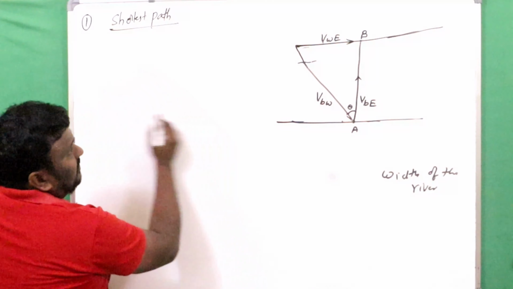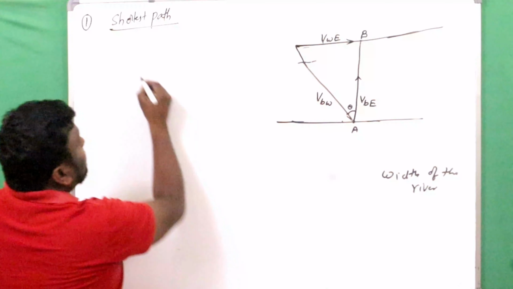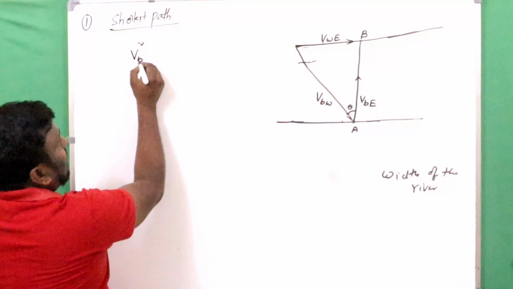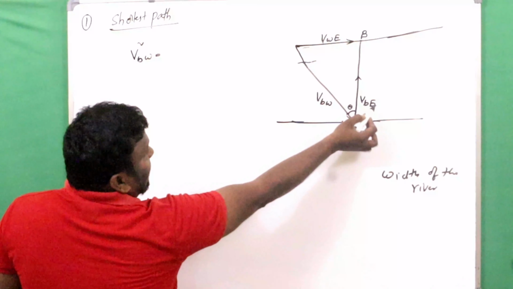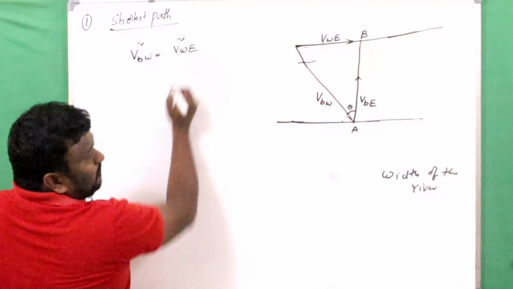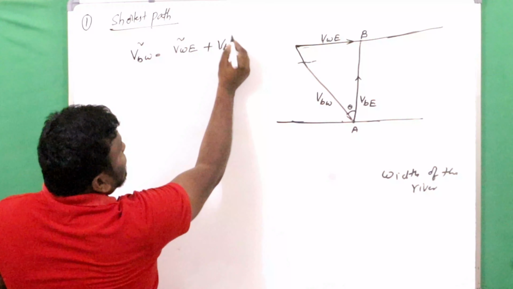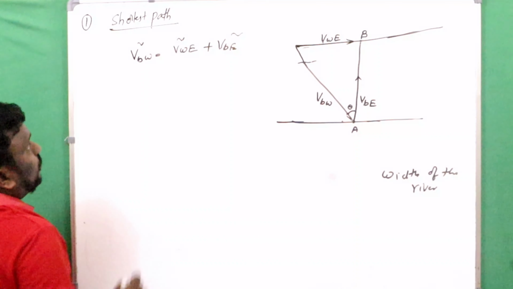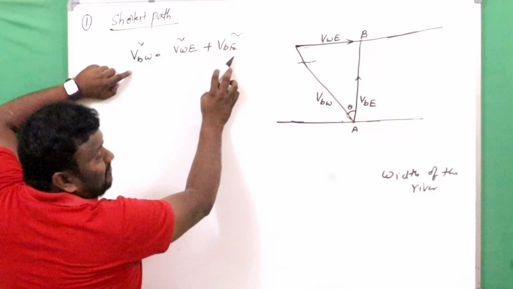So very simple here. In this case we can write, as per Pythagoras theorem, V square BW is equal to side square plus side square. One side is V square WE plus V square BE. V square BW is equal to V square WE plus V square BE.